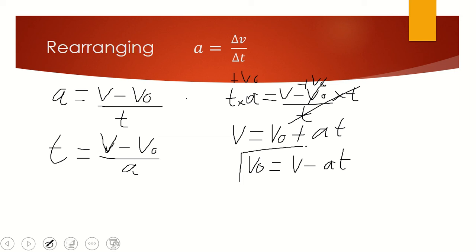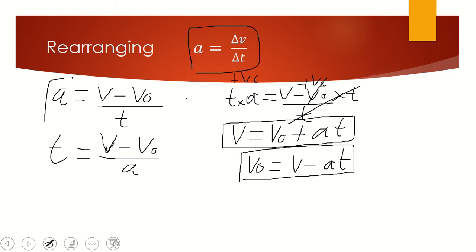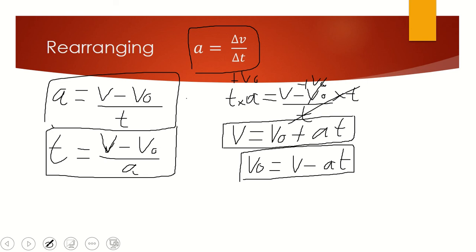So these are our four formulas that you need to be able to rearrange from the initial equation. You need to be able to get to these four forms of the equation. So make sure you get them down and have a bit of practice trying to rearrange them to get to those four.